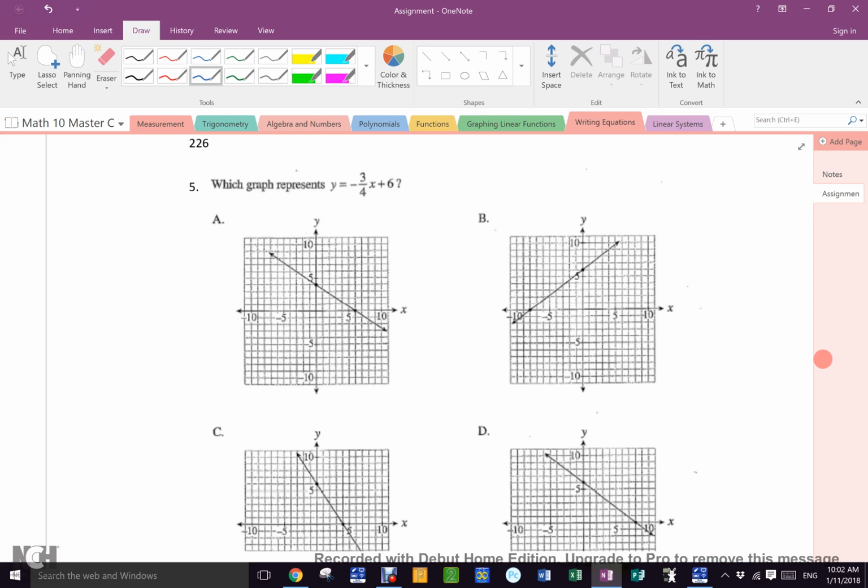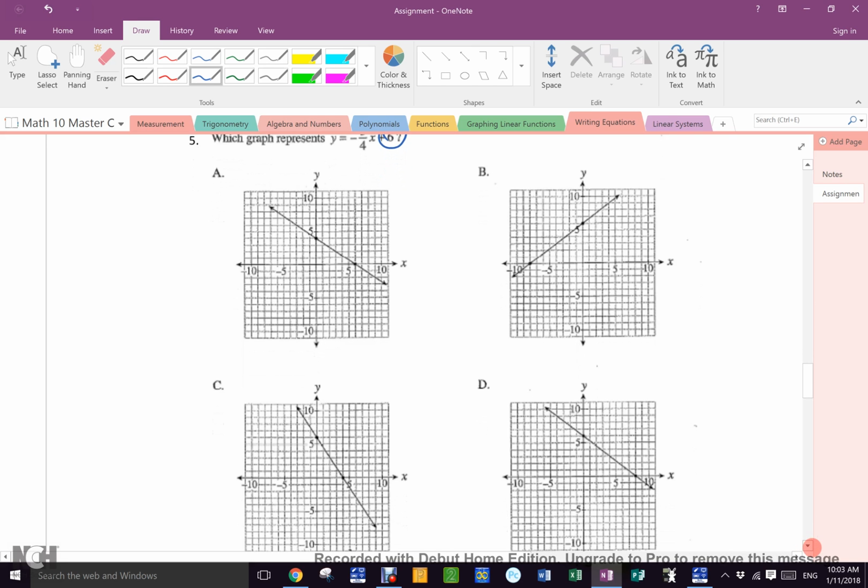What form is that in? Slope-intercept, which means the line has to go through 6, correct? So, which ones could it be? It can't be A, right? It's got a negative slope. So can it be B?